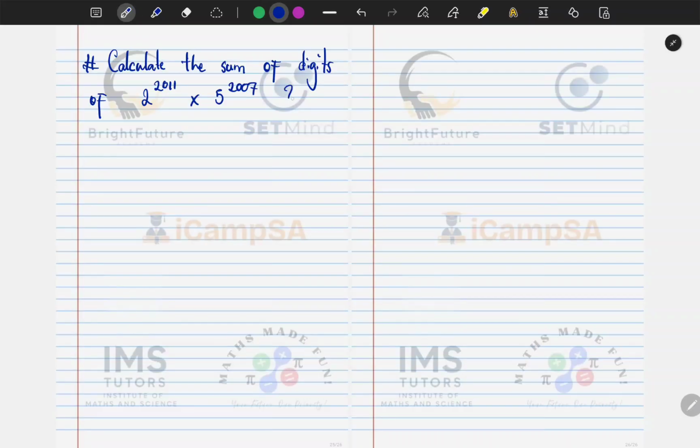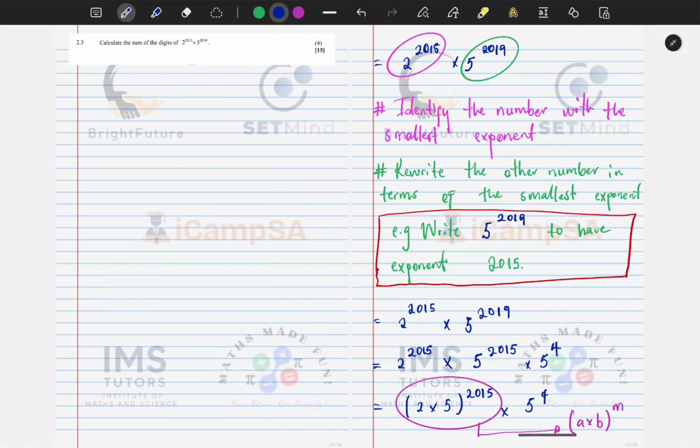So this will be your homework. Go and try this and apply the same rules.